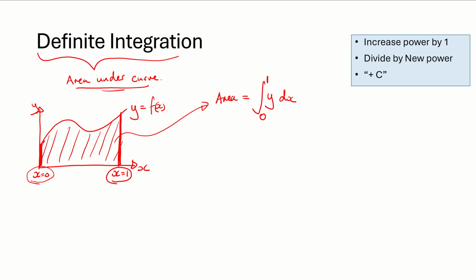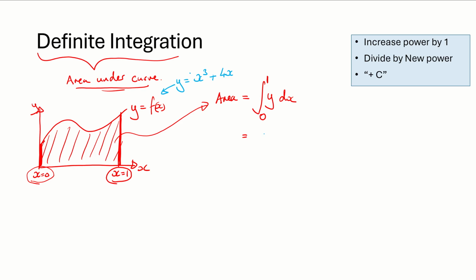Okay, so if you want to work out the area, let's say we know what y is. Let's give a function for y. So let's say y is equal to x cubed plus 4x. There we go.